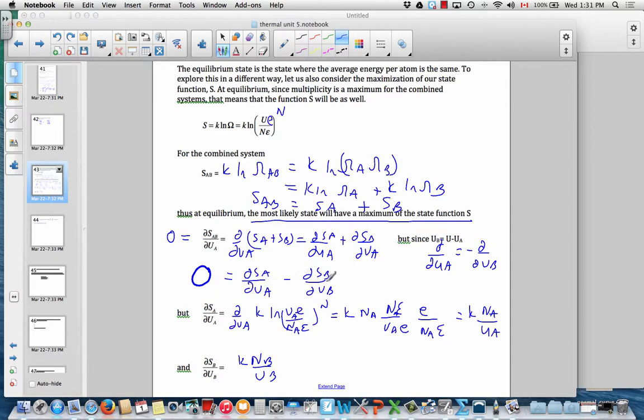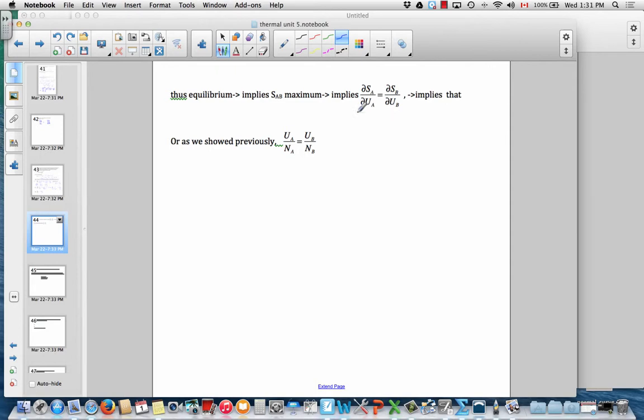So these two things have to be equal, so that means K NA over UA has to be K NB over UB, which establishes again that, well, this is just the reciprocal of what we showed earlier. So flipping it around to make it easier to say, the energy per bond, or the energy per particle, must be the same.